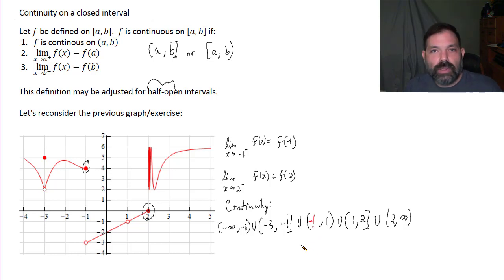Well, obviously the function is not continuous at negative 1. We can clearly see that there's a break there. We've shown this idea already in the previous slide. We know the function is not continuous at negative 1. So we cannot just say it's continuous from negative 3 all the way to 1. It just doesn't make sense.